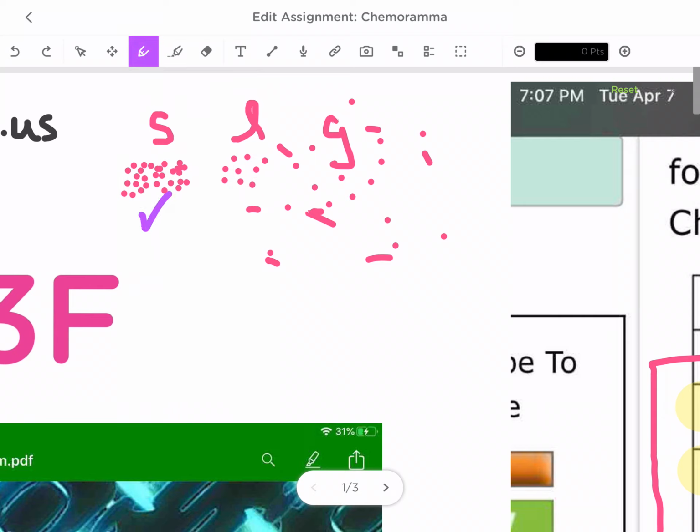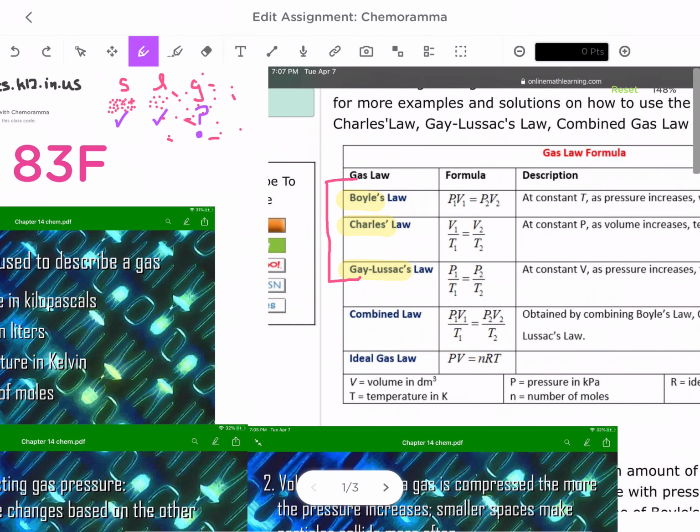They're polite. They stay organized. Liquids, yep, got them down too. Pretty organized, but we can deal with that. And they were like, gases? Oh man, I don't know. So these 3 scientists decided to come up with some equations to describe the behavior of gases.